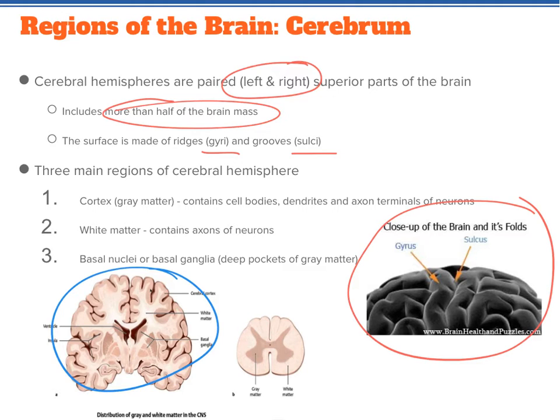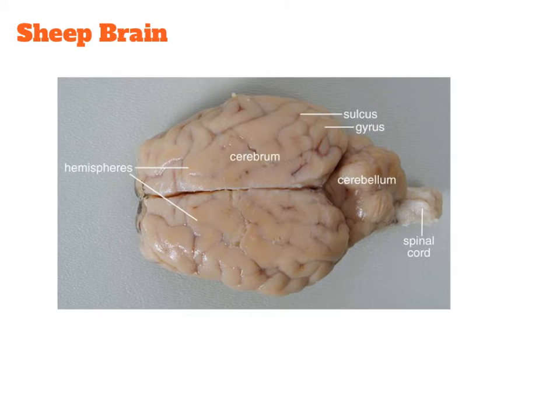The white matter is all of the axons, the long tails. If you remember, the axons are covered in that white fatty material called the myelin sheath. That's why the white matter appears white. It's really the transportation part of the brain.